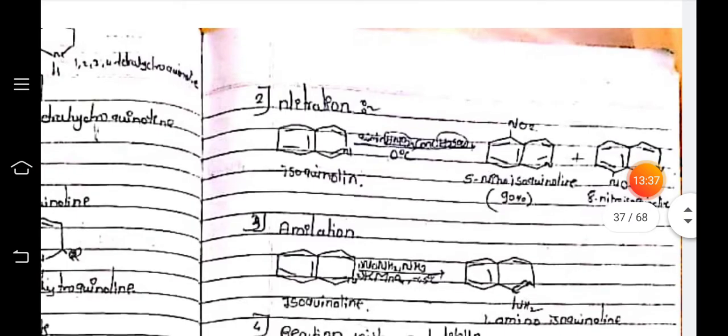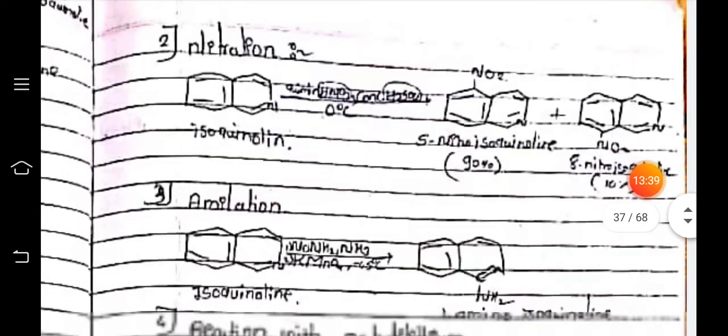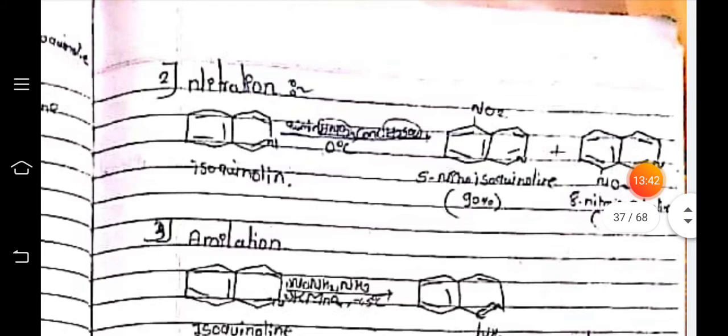Next one is the nitration reaction. In the nitration reaction, the starting material is isoquinoline, which reacts with the nitrating agents. We all know this because we have studied it in pyridine oxide and in quinolines. Now in isoquinoline, we are also studying the nitration reaction.